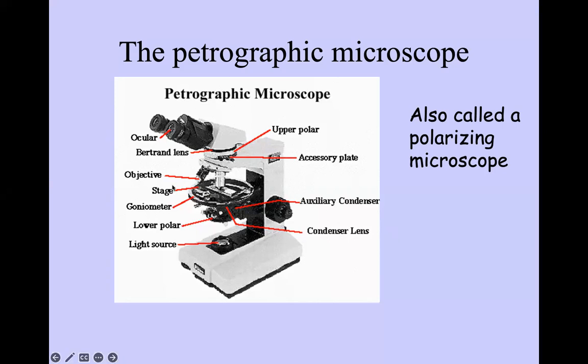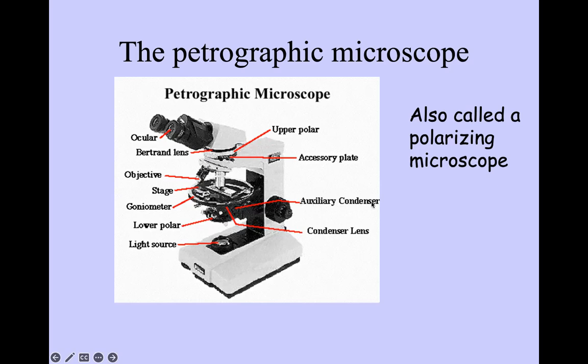The objective is a must, the stage is a must, and the goniometer is the calibrations, the graduations along the stage. You can count how many degrees you rotate, clockwise or anti-clockwise. And there is another thing called the auxiliary condenser. There is a condenser unit here. This is also not necessary, but very useful if you have it.